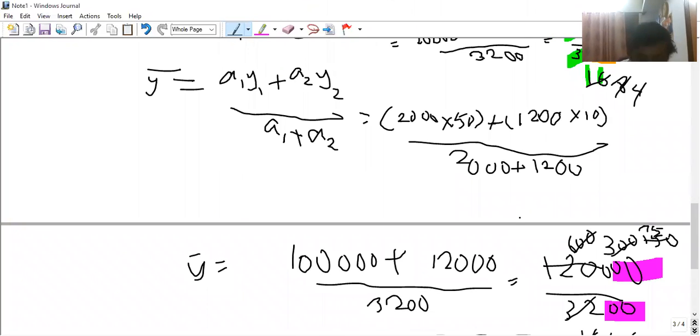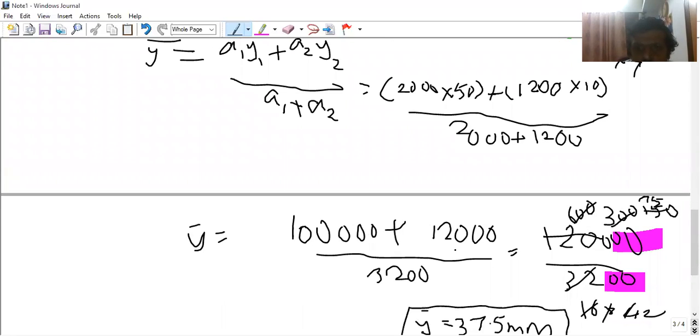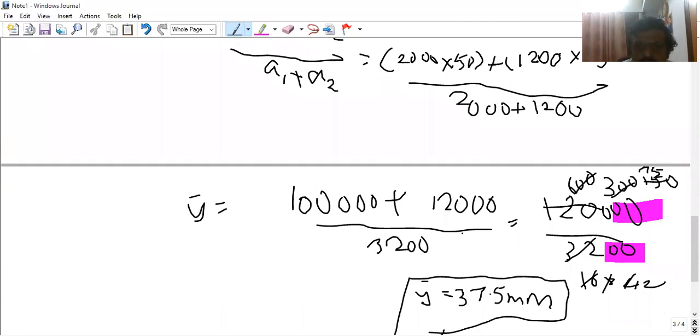Okay, so 2 5s are 10, 12, 5, 200. Oh, sorry students, I made a small mistake here.